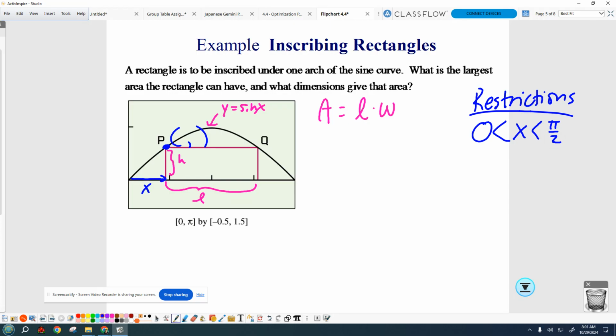Why didn't he say pi? Why couldn't X come all the way out here? If you go all the way out there, you basically cut the whole paper in half. X at most can be pi over 2. Okay?